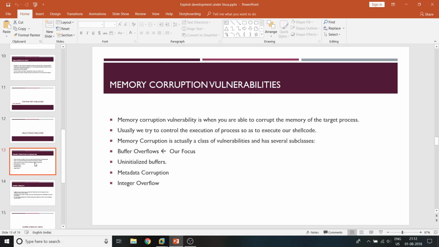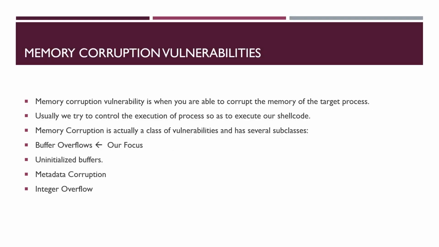So here we are. A memory corruption vulnerability is a vulnerability where you are able to corrupt the memory of the target process by some method, which is generally the input, and which we are looking at in this case. You send an input which is able to overwrite adjacent places and corrupts some of the memory which was to be used by the process, such as a stored return pointer on the stack.